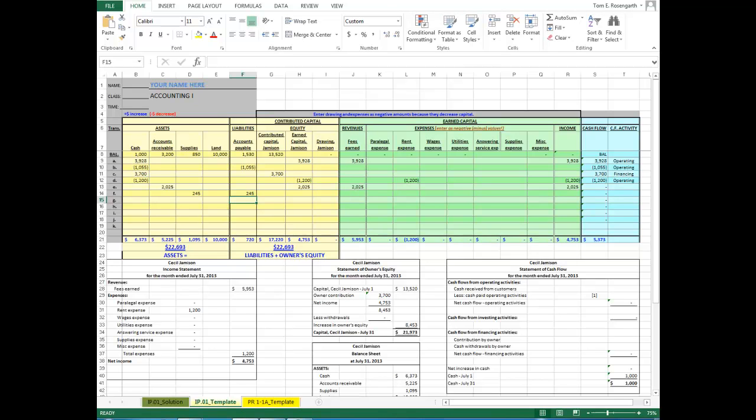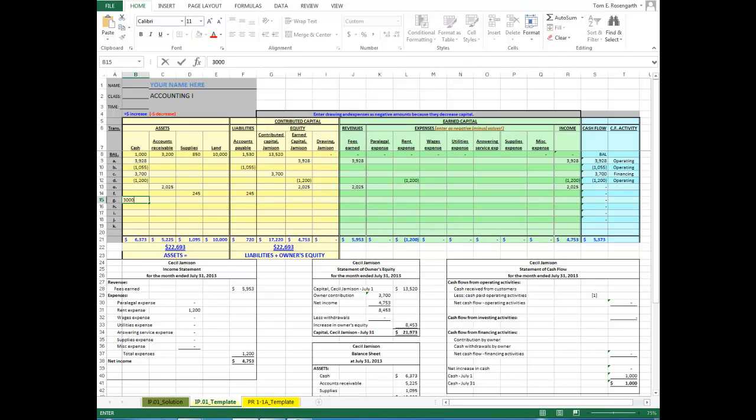No revenue or expense was incurred, and because there was no cash payment or cash receipt, the statement of cash flow is unaffected. Let's move to transaction G. In transaction G, Cecil Jameson's business received cash from clients on account, $3,000.